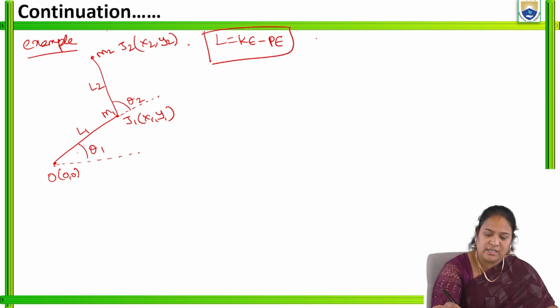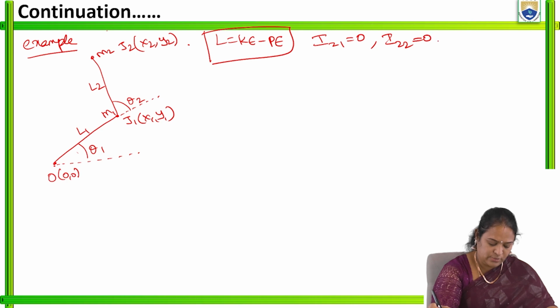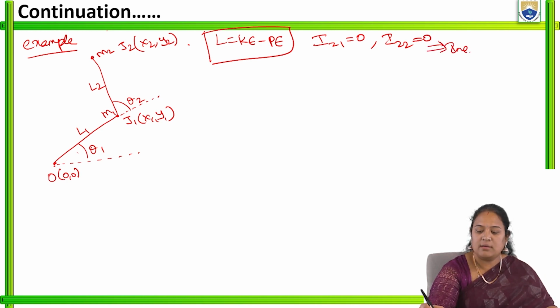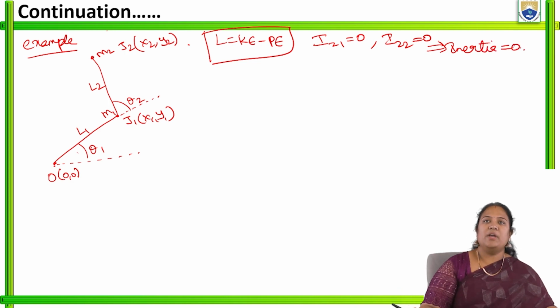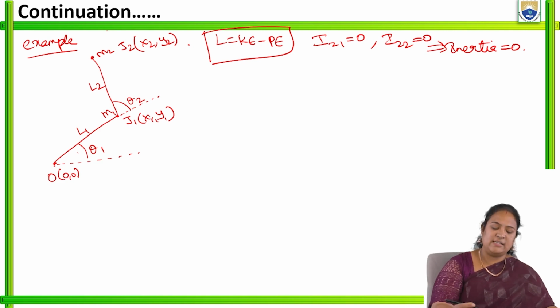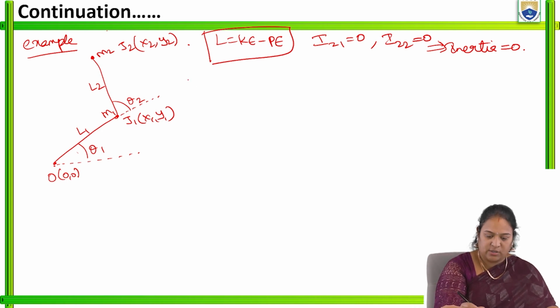Generally the inertias I21 and I22 are equal to 0, so the total inertia will be equal to 0.